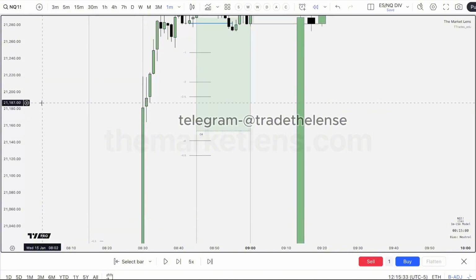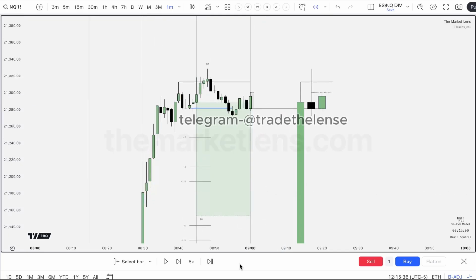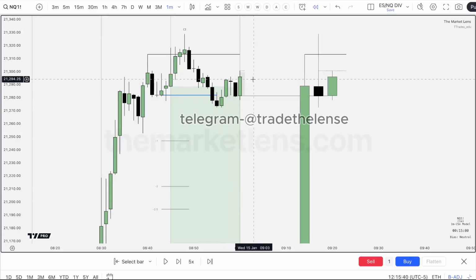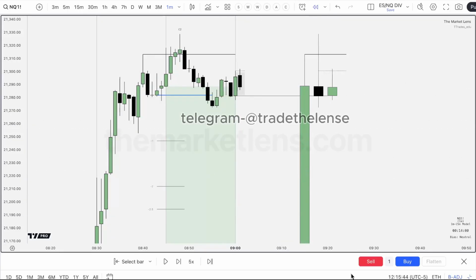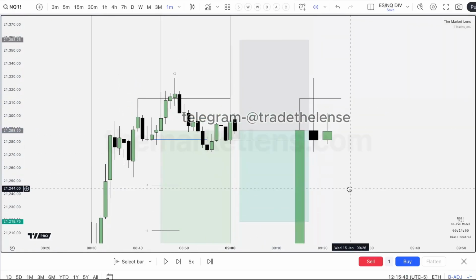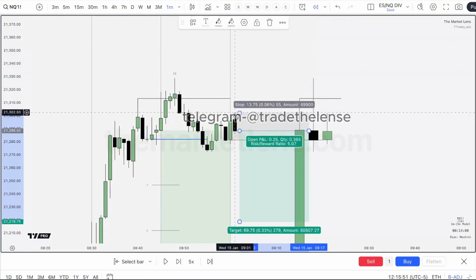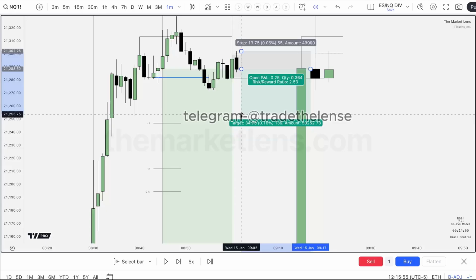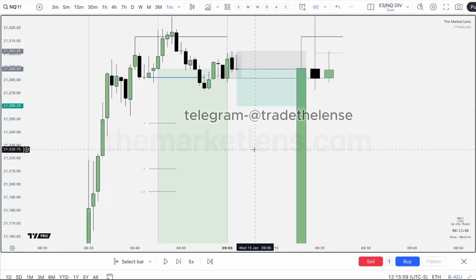Right, so then here is a possible short setup. We have swept out this high. So if I'm trying to short, I could look to short in here. This would be my short, most likely, or an attempt at one. And I could look for 2R, which is near the lows here, and then rise.